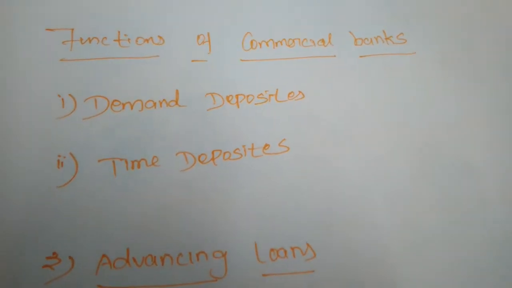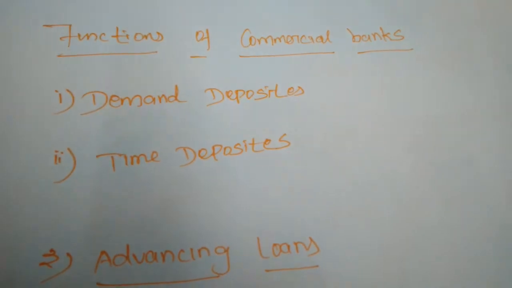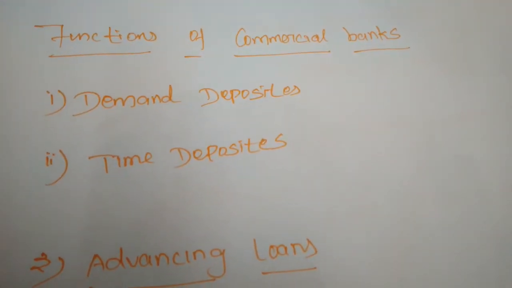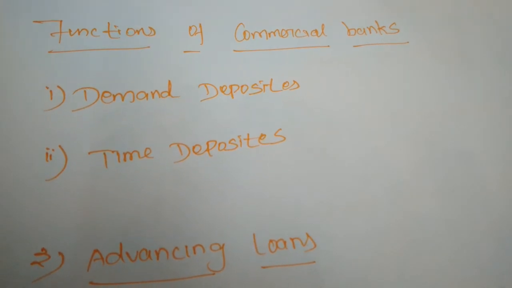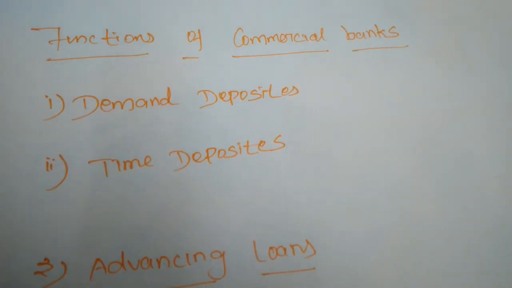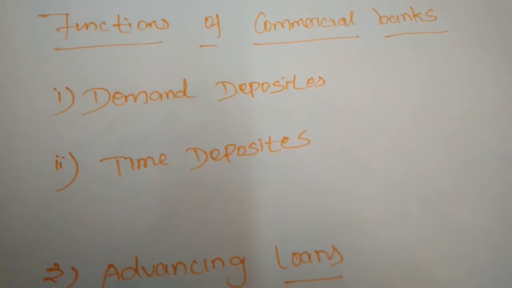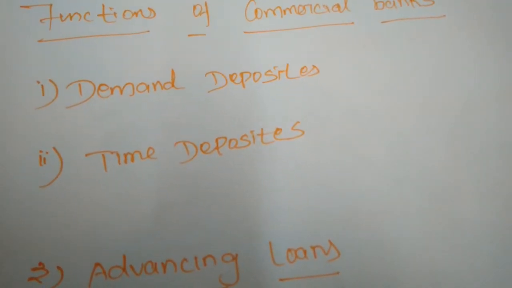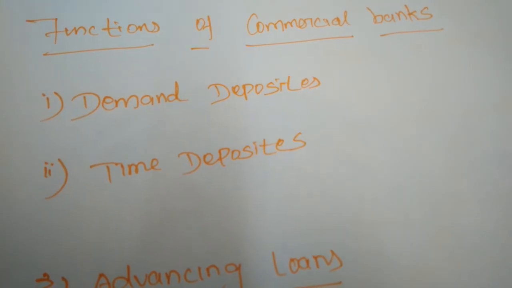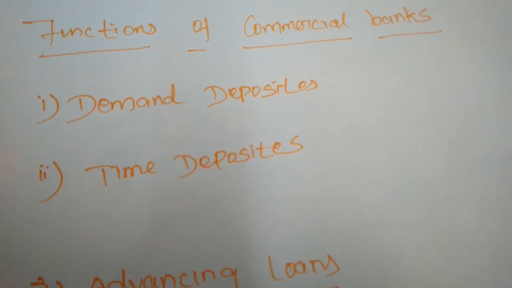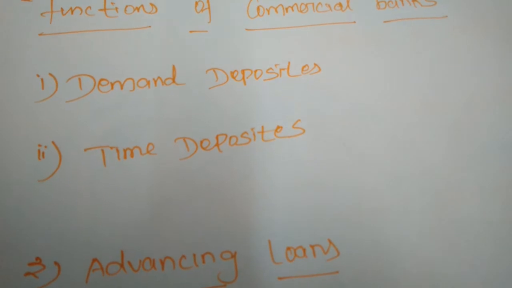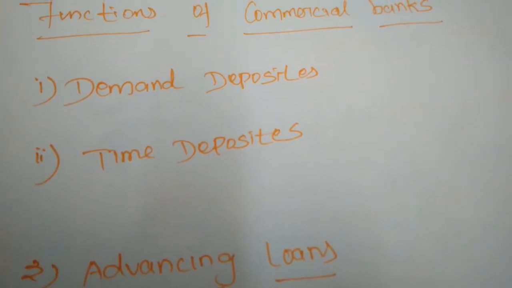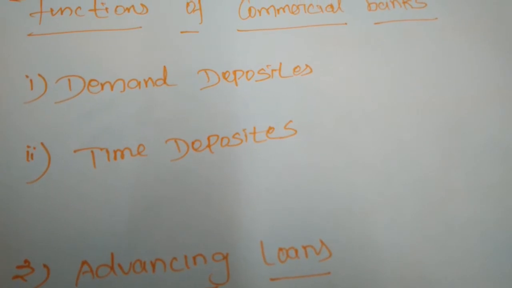But here the rate of interest is not provided to the public. Even if some banks provide interest on these deposits, it will be very low. One of the features of the demand deposit is that we can withdraw the money from the bank at any time without prior notice.